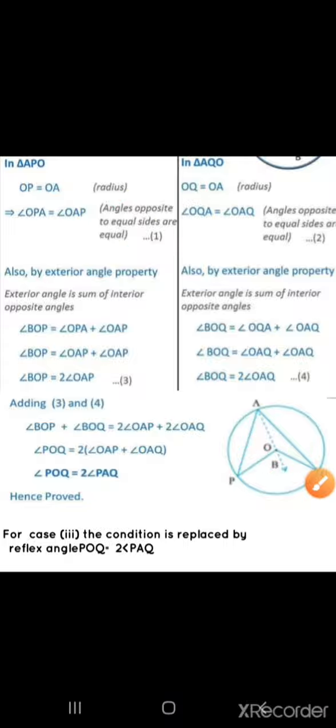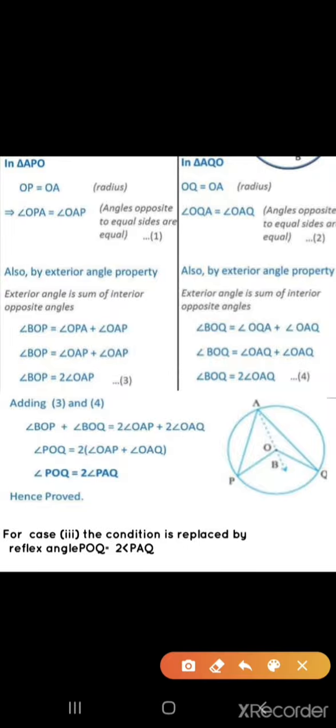And one more property we can apply. Angle BOP is an exterior angle of this triangle APO, so we can apply the exterior angle property: the exterior angle is the sum of the interior opposite angles.